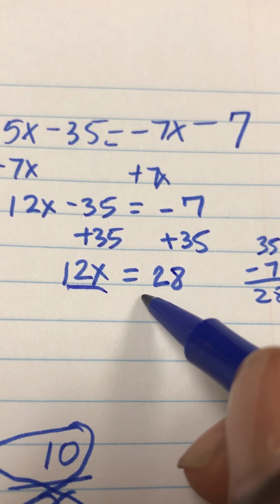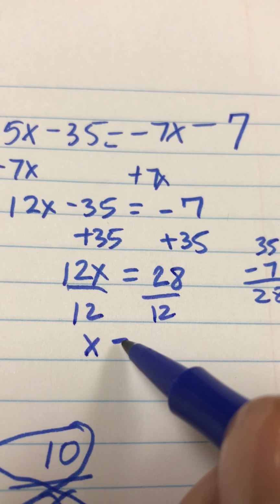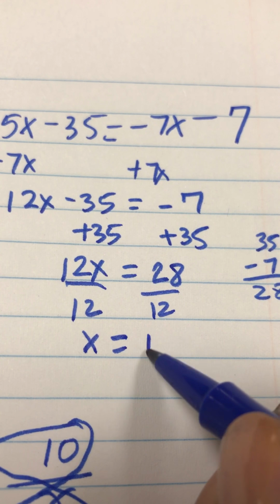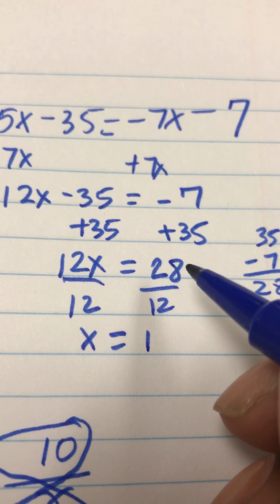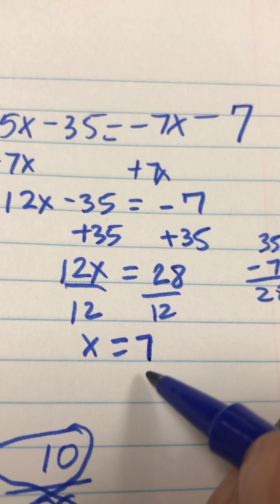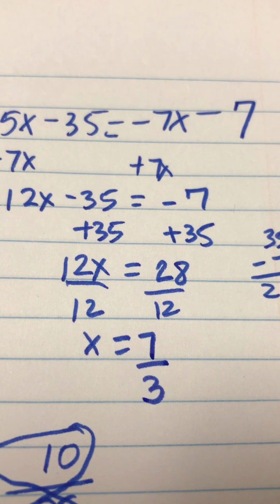Alright, divide both sides by 12. X is going to be equal to, we're going to reduce this by 2, or we can reduce it by 4. X is going to be equal to 7 over 3.